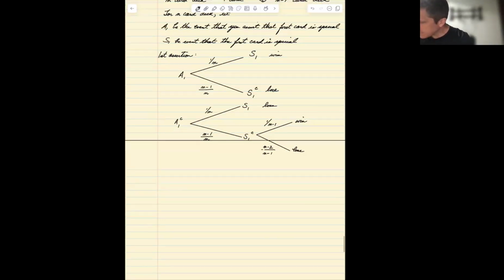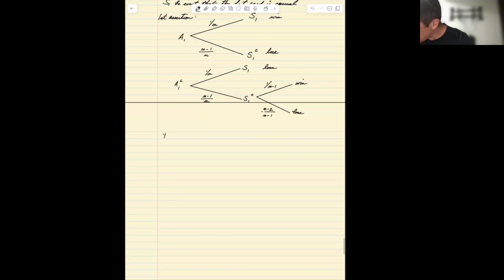So then let's think about it. What's the probability we win, given that we assert that the first card is special? It's equal to 1 over n. Right? We only win if the first card is special.